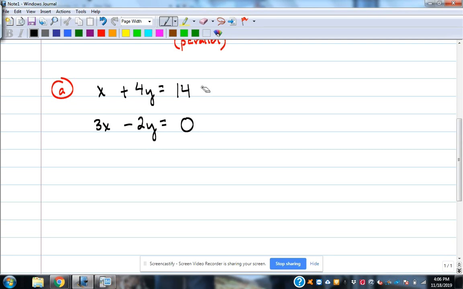When you have that, you can set up what's called an augmented matrix. It looks like this. You take the coefficients in front of the variables, 1, 4, and then what it's equal to is 14. And then the second row is 3, -2, and then 0.